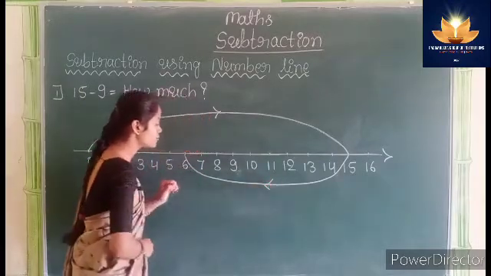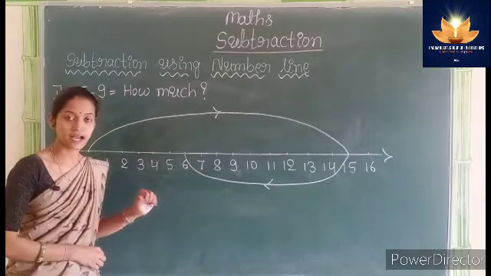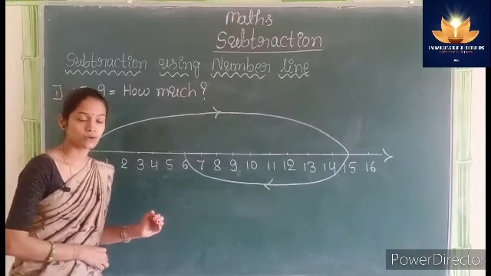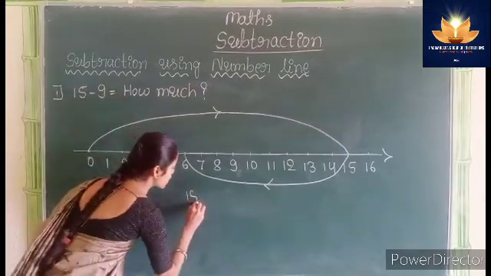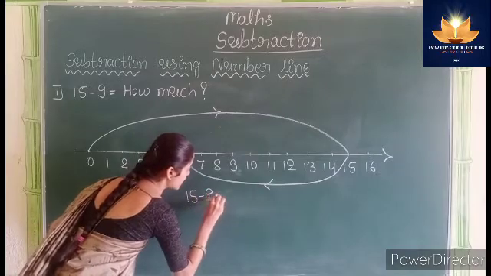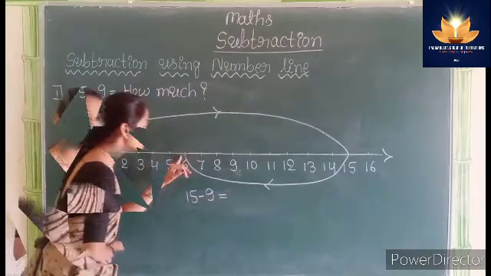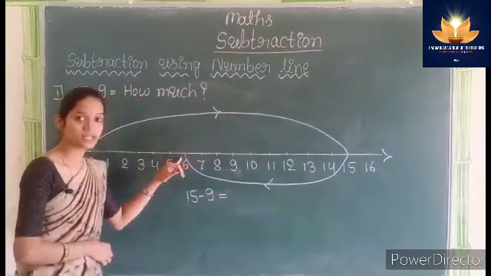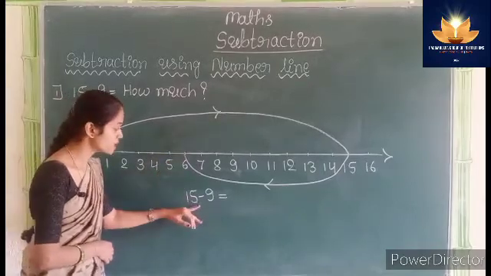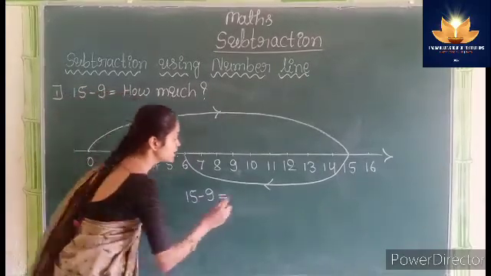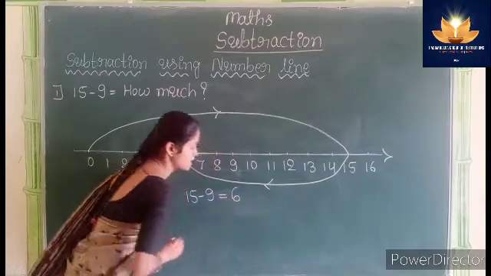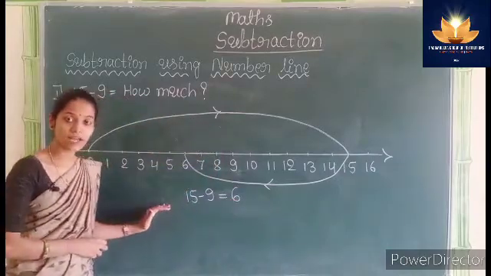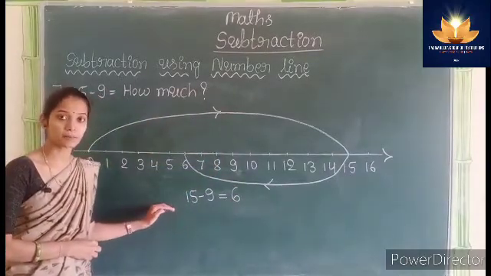The point at which we stop, that is the answer. So 15 minus 9, here the point reaches 6, so 15 minus 9 is 6. Like this we can subtract numbers using a number line.